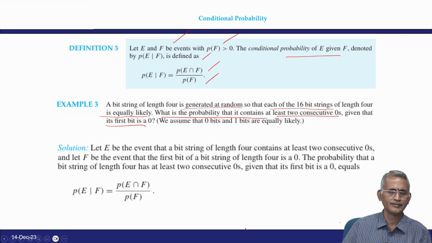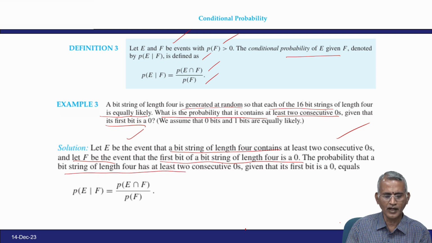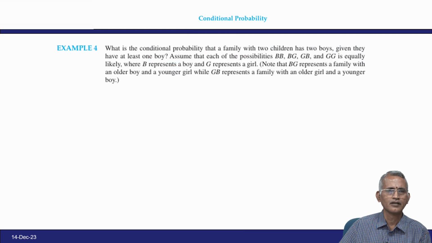The solution: let E be the event that a bit string of length 4 contains at least 2 consecutive zeros. Let F be the event that the first bit of a bit string of length 4 is 0. Therefore, the probability that a string of length 4 has at least 2 consecutive zeros, given that its first bit is 0, equals probability of E given F, which is probability of E intersection F by probability of F. That is the requirement.